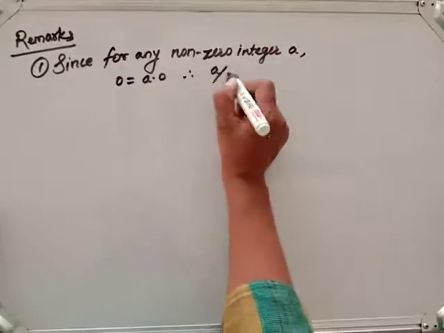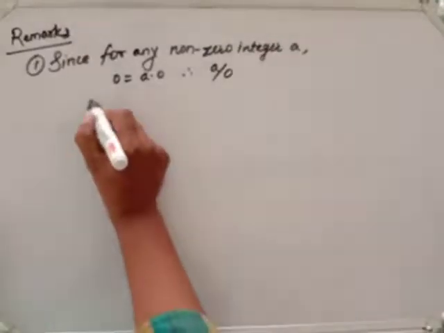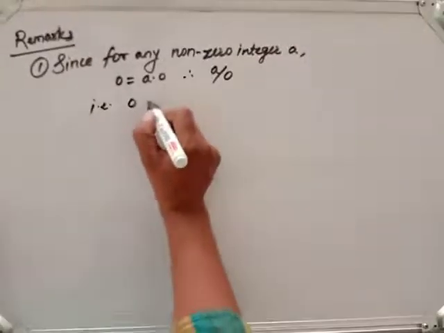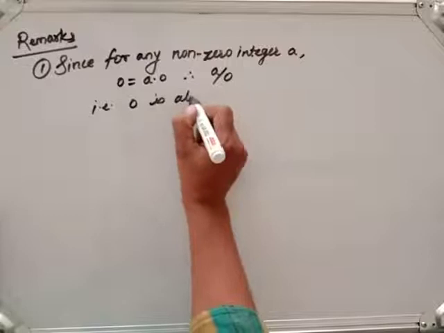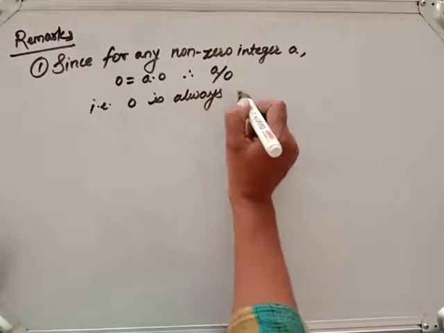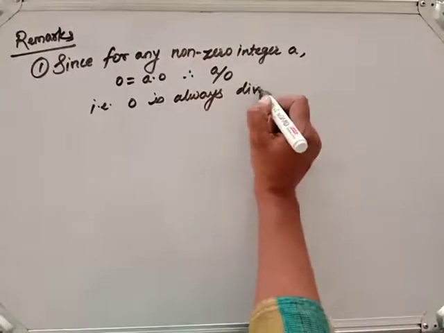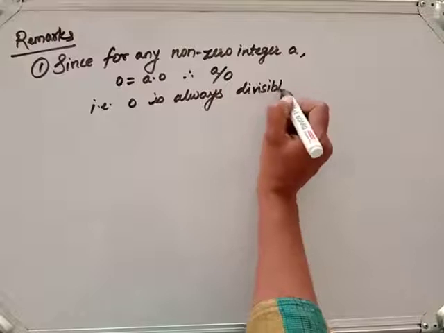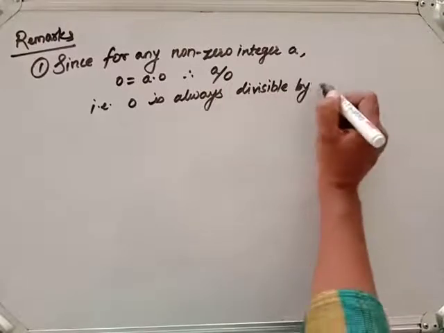Therefore a divides 0. That is, 0 is always divisible by any non-zero integer.